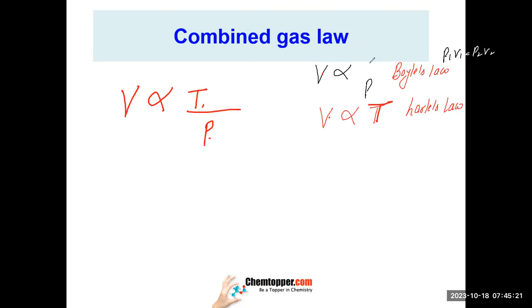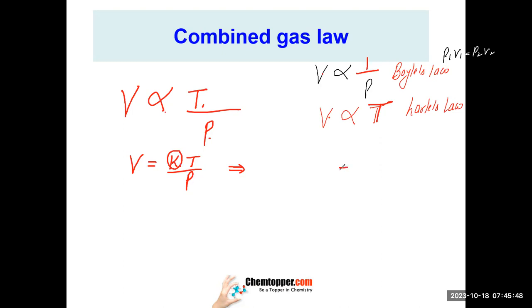Now combine these two. Remove this proportional. So V is equal to K times T over P. Isolate this K. So Afan, can you write down the isolated equation?